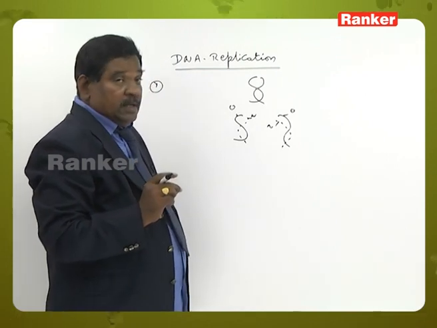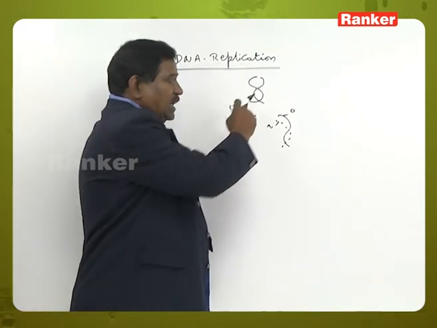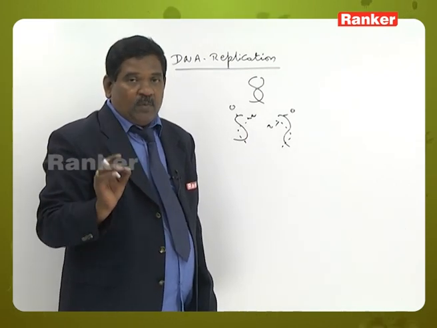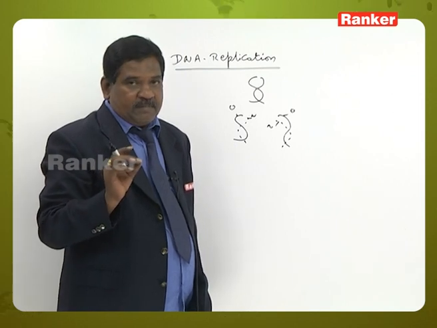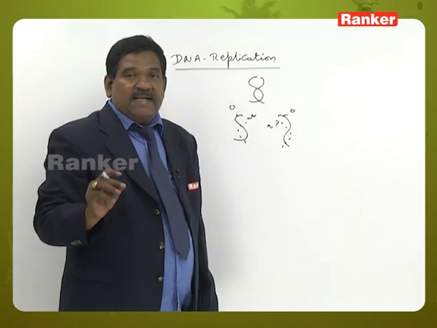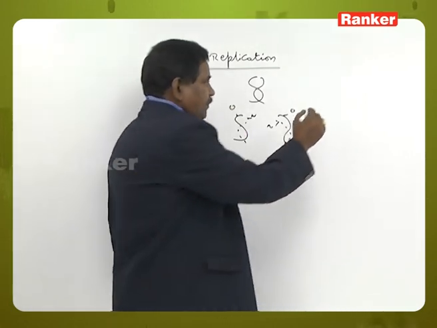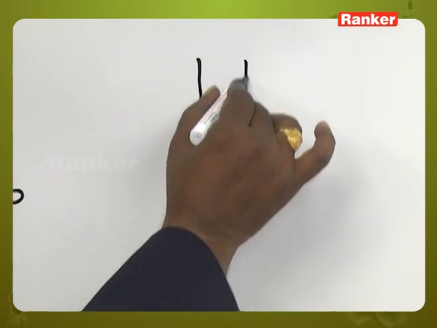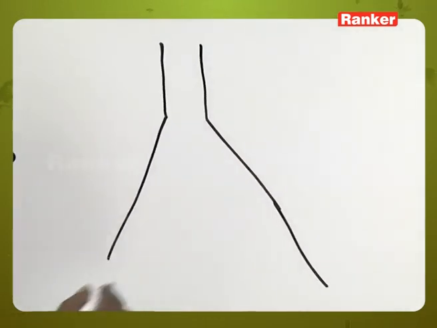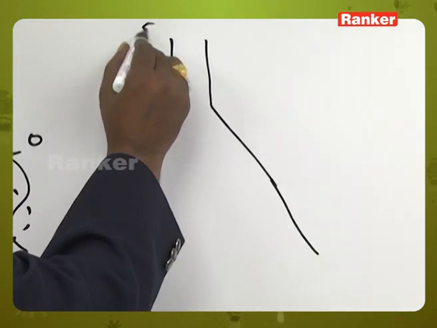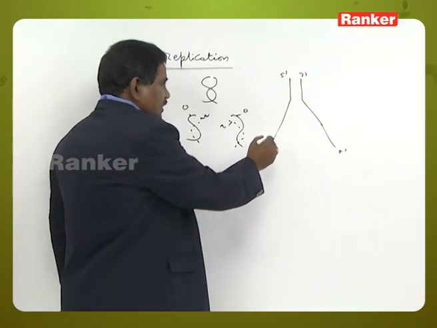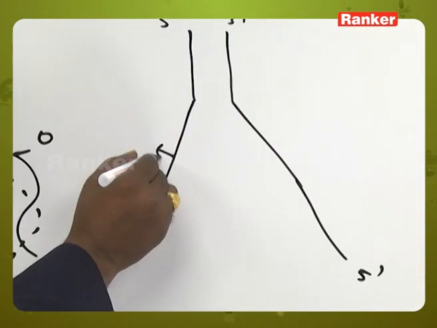Now, the two strands of DNA separate from one another in a particular region only, that is the origin of replication. Both strands act as template. One strand with 3'-5' polarity is the leading strand.